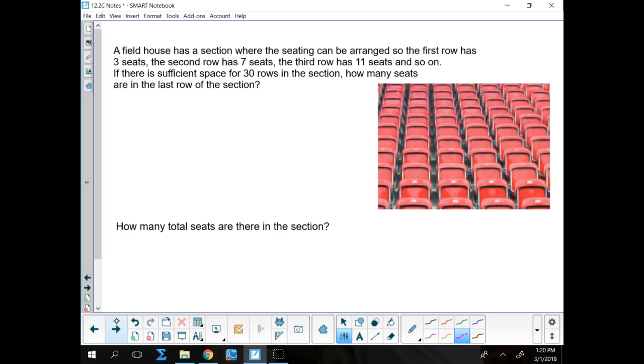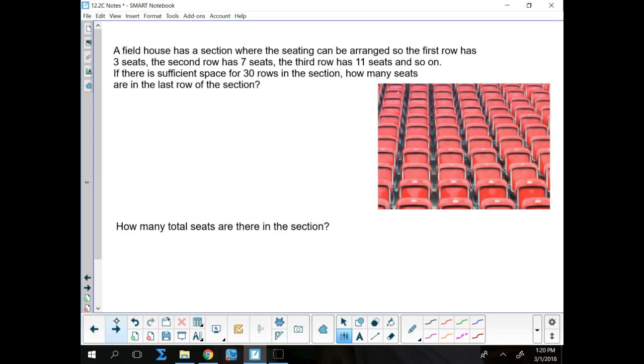Now, really, all you're going to do is read the problem and come up with some kind of a sequence from that problem. Okay? What's the sequence that is given to you in this problem? 3, 7, 11, right? Okay?